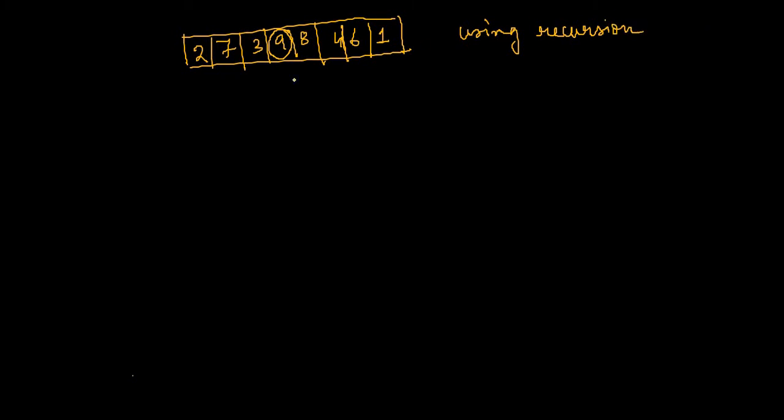In that case, how can we proceed? What we have seen is that we can divide the array into two parts, and let's give this part to one of your friends, and this part to another friend. This friend will return the maximum of this half, the other friend will return the maximum of the other half, and then I will check which one is maximum, and that will be the maximum.